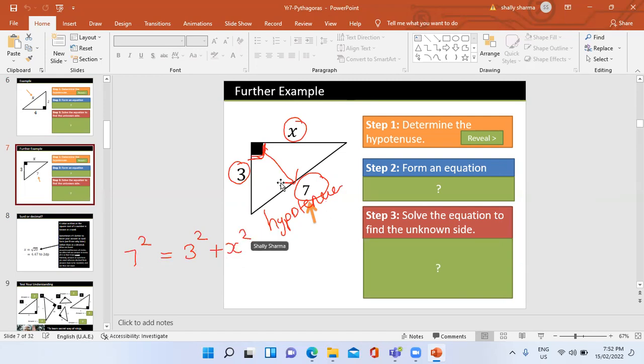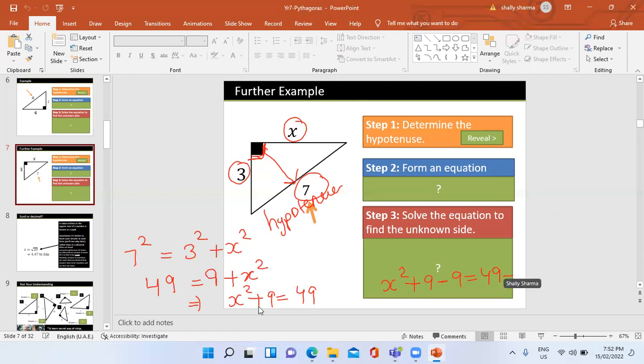7 squared is 49. This is equal to 3 square, which is 9, plus x squared. From here, I will get x squared plus 9 as 49. Now, because I have to find the value of x squared or x, I will apply the reverse operations. So I will subtract 9 from both sides. By doing so, I will get x squared is equivalent to 40.